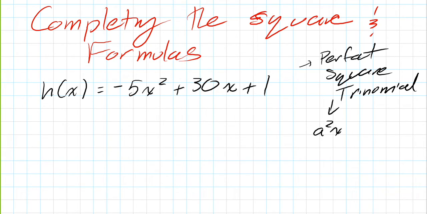a squared plus 2ab plus b squared. You're making a trinomial that happens to look like this. This general form isn't very helpful, but you'll see in a moment what we're doing and why.